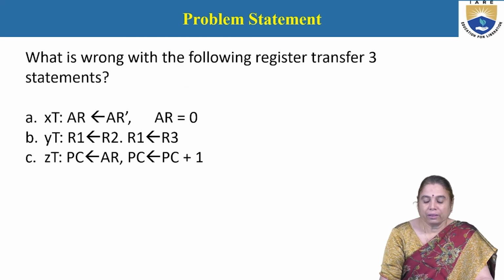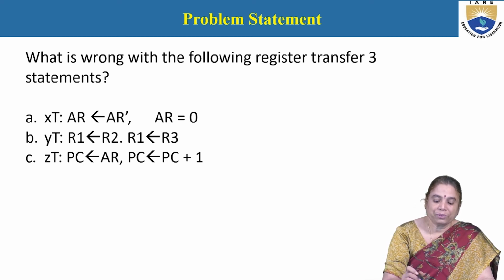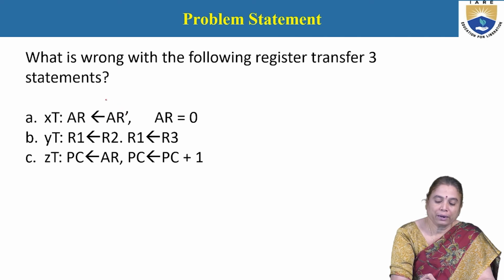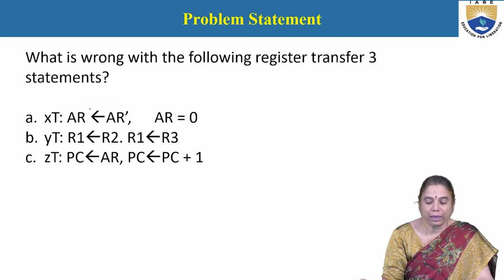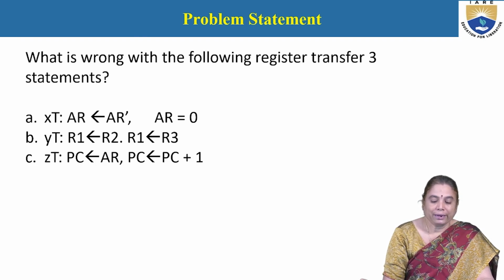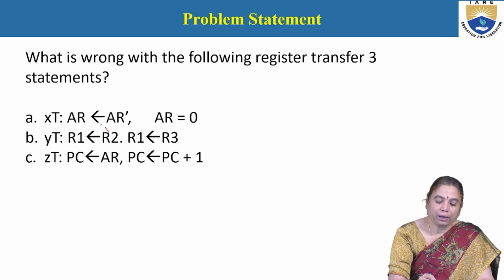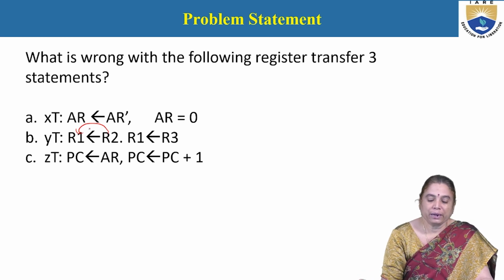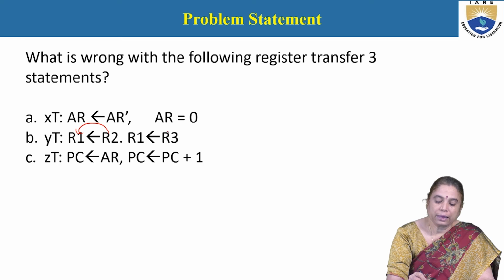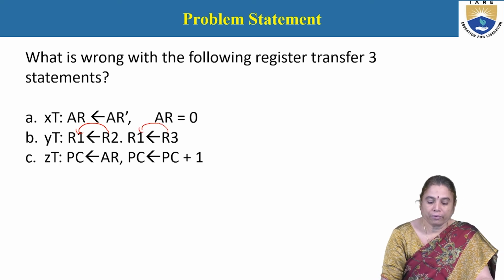What is wrong with the following three register transfer statements? The first statement: xT colon, AR complement is transmitted to AR when AR is equal to 0. Next, yT: R2 content is transmitted to R1 and R3 content is transmitted to R1.